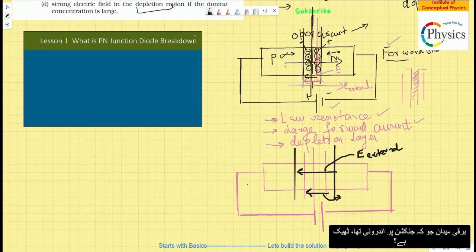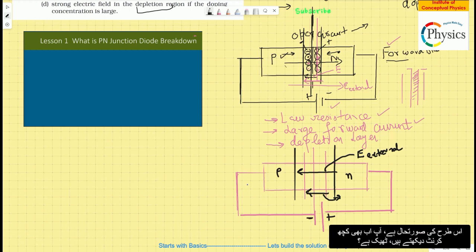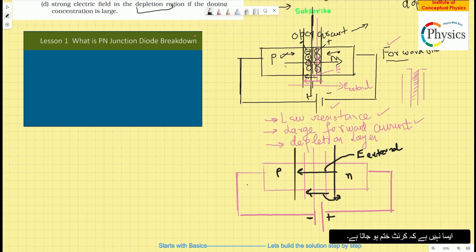And this, of course, was the electric field which was internal at the junction. You can see the battery is arranged just opposite. The positive side is connected to the N type, and the negative side is connected to the P. In the forward bias, you saw a good, large current flowing.